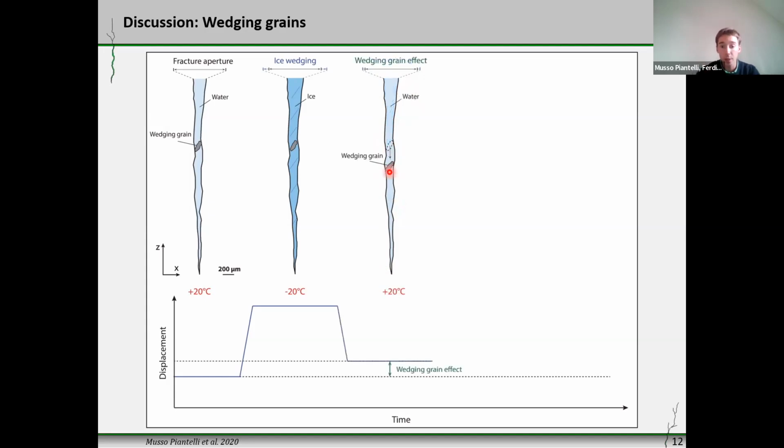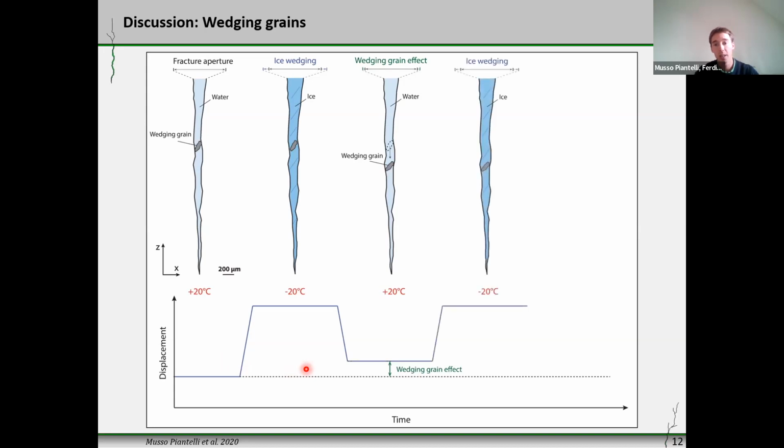When we then complete our cooling and warming up, so we reach +20 degrees again, the grain is at a deeper section of the fracture, and it impedes a complete closure and recovery of the fracture, creating a permanent aperture in the fracture.